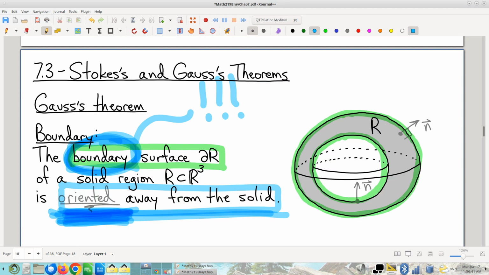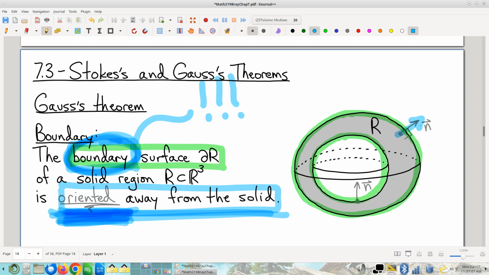Here is the rule: away from the solid. That's the rule. At any given point on the boundary, keep in mind the boundary's job is to be the border in between set and not set. So wherever you are on the border, there is toward or into the solid, and then there's away from, out of the solid.